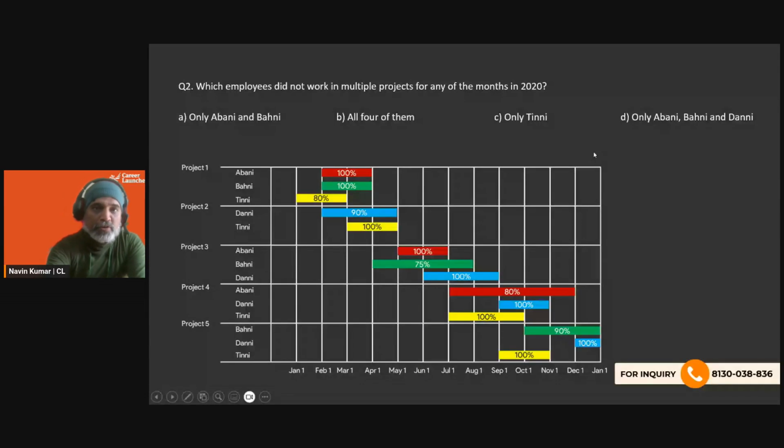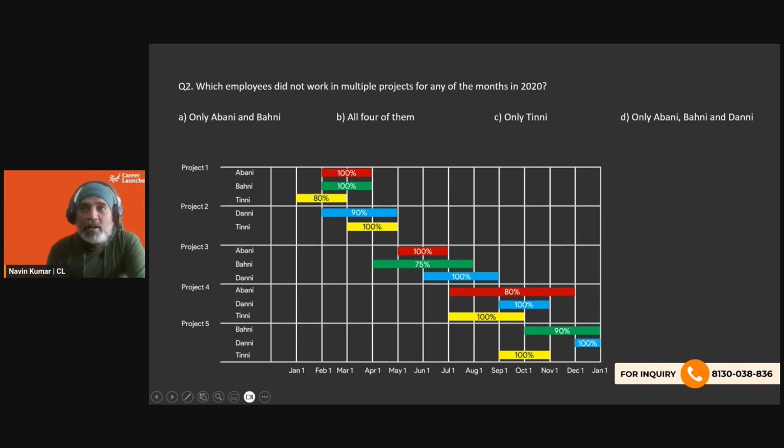Employees did not work in multiple projects for any of the months in 2020. This question is basically asking: if you look at the month of, let's say, March, was there an employee who worked in different projects in the same month?